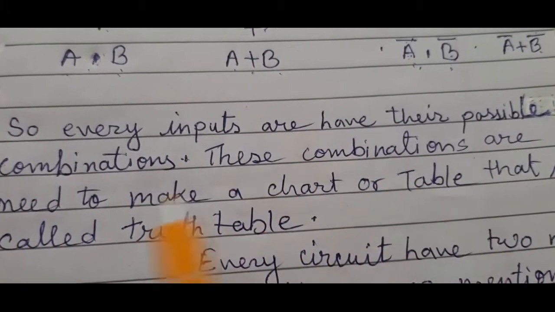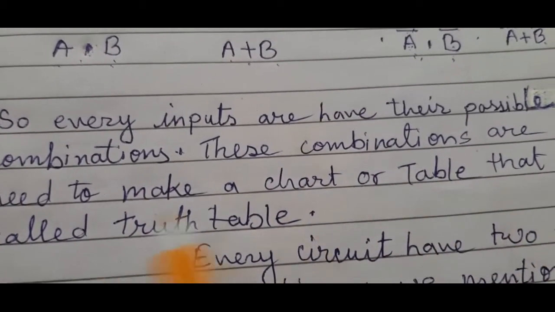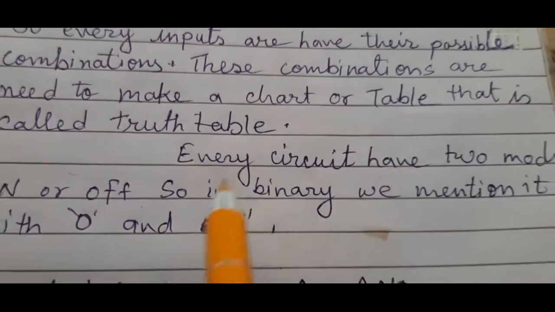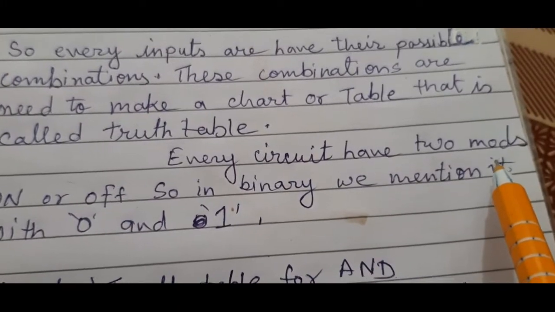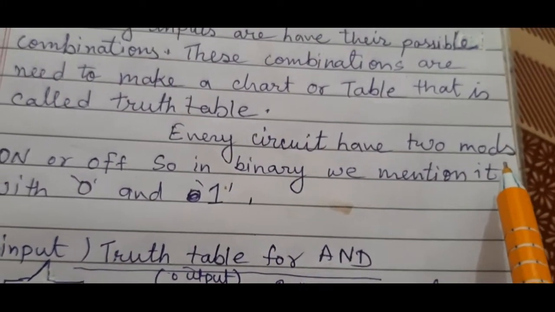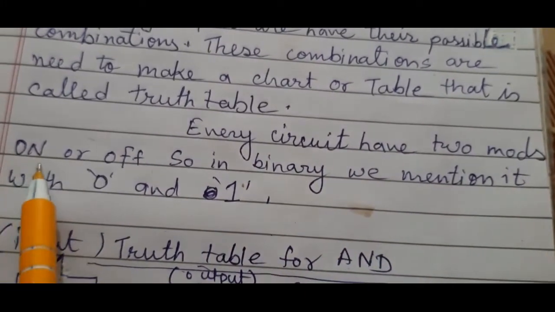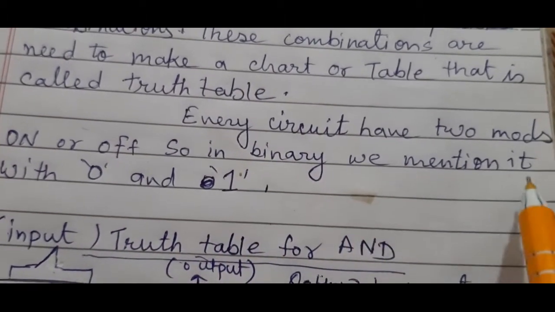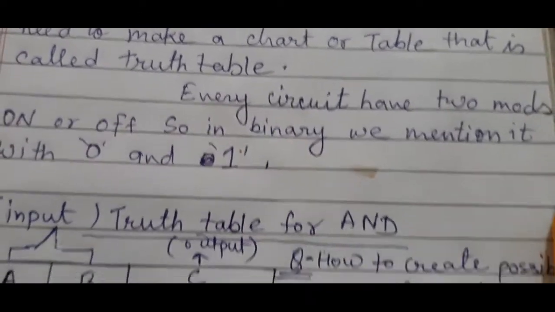These combinations need to be made into a chart or table, which is called a truth table in Boolean algebra. Every circuit has two modes, as we know from the beginning of electronic study: on or off. In binary we mention it with 0 and 1, there is nothing new.